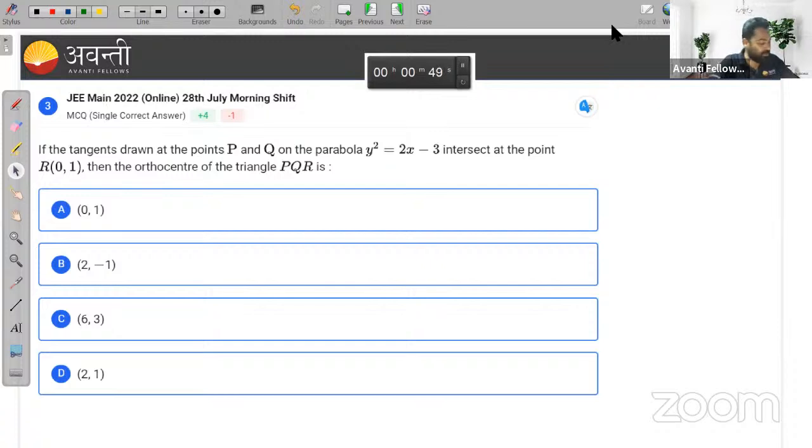You should try these questions, then answer. Okay, hope all of you tried this question. Let's see what the solution of this question is.